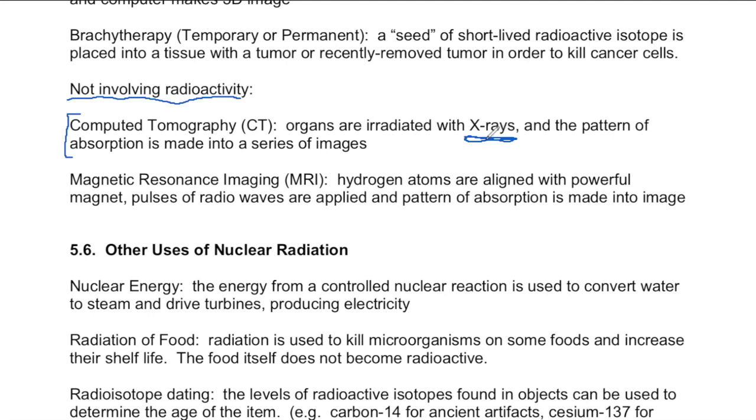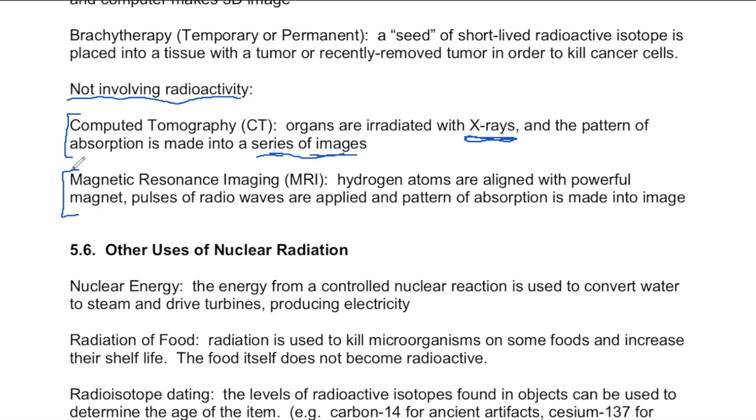So any kind of X-ray is like that. You don't actually ingest or get injected with a radioisotope to get an X-ray. So these are just X-rays being irradiated at the body, and then the pattern that they create when they're absorbed by different types of tissue is made into images with computer calculations.